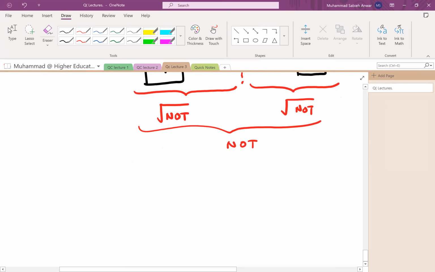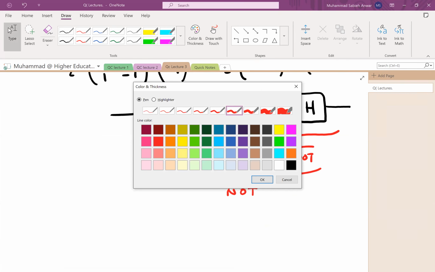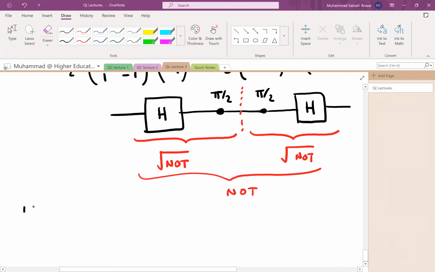Now, if I were to write the matrix for a quantum Naught gate, I want to write the unitary matrix for a quantum Naught gate.